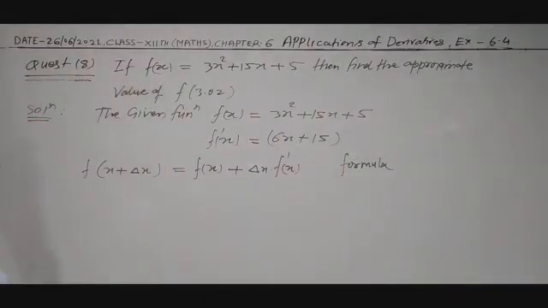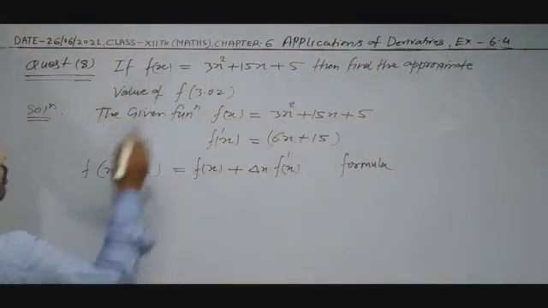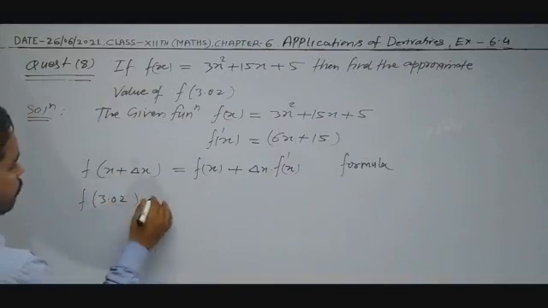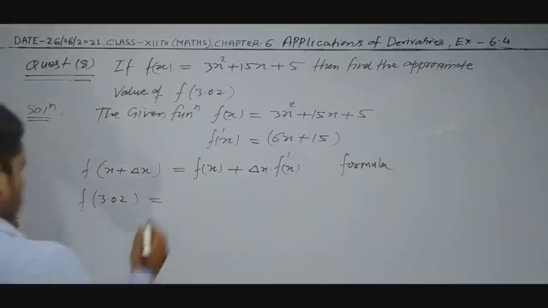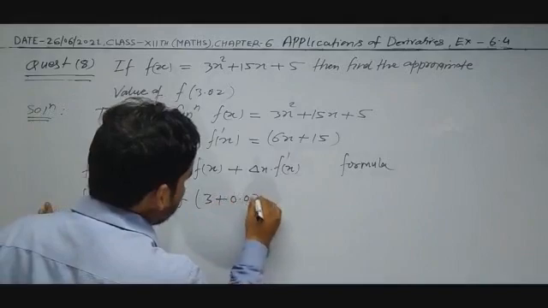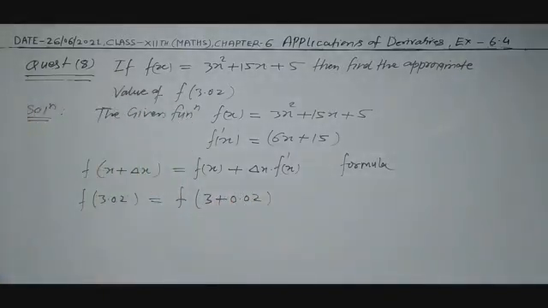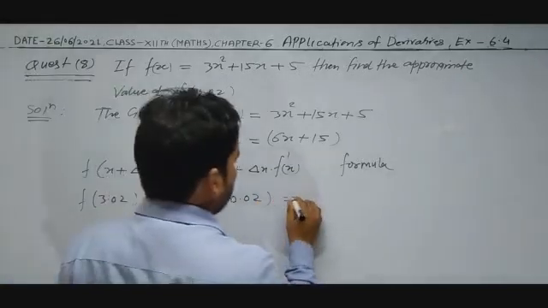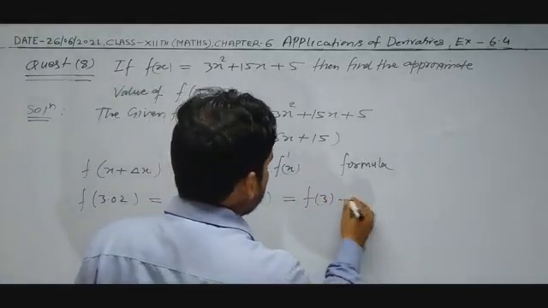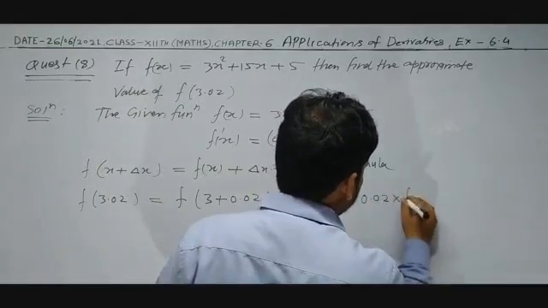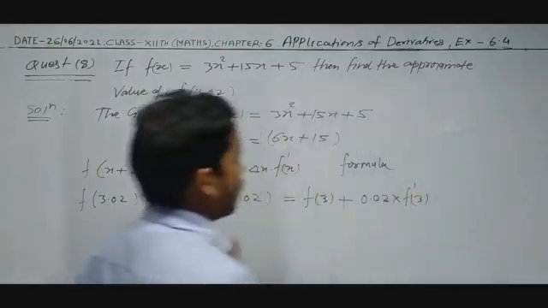Now the given expression f of 3.02 I have to calculate. Now this one can be written as f of 3 plus 0.02, and this expression can be written by the formula, means f of 3 plus 0.02 multiplied by f dash of 3.